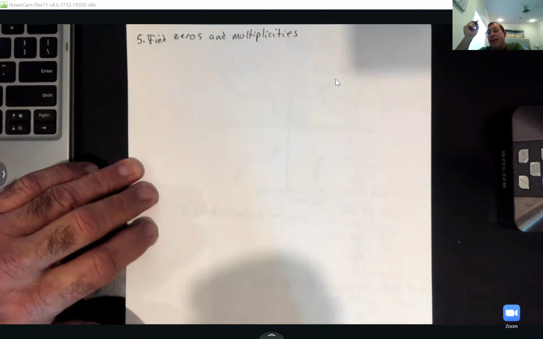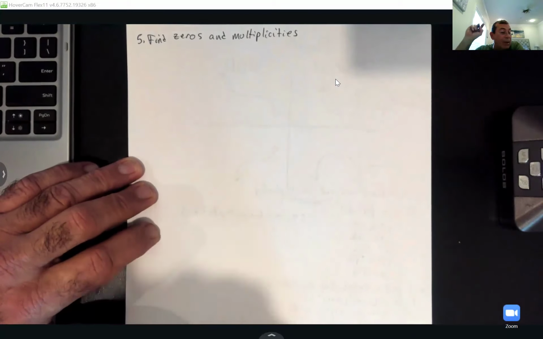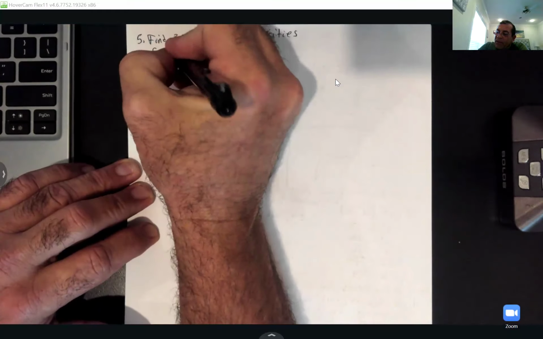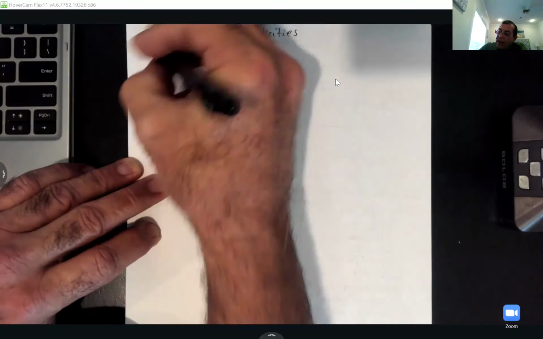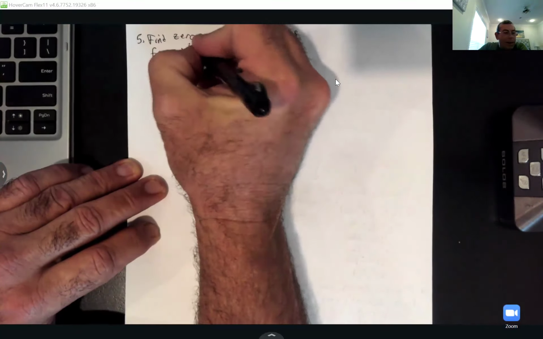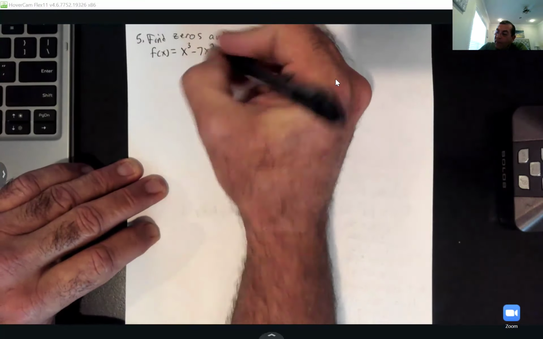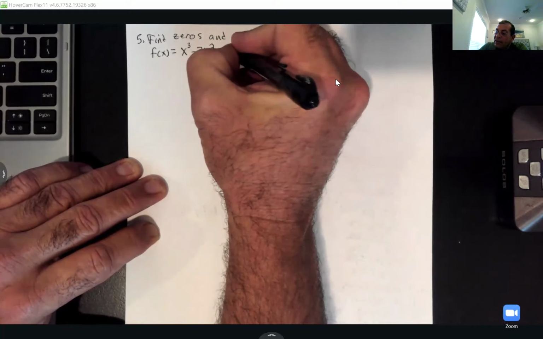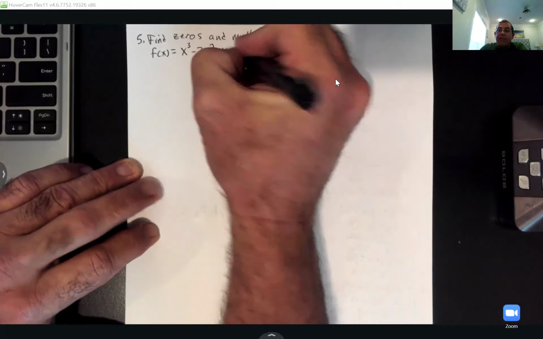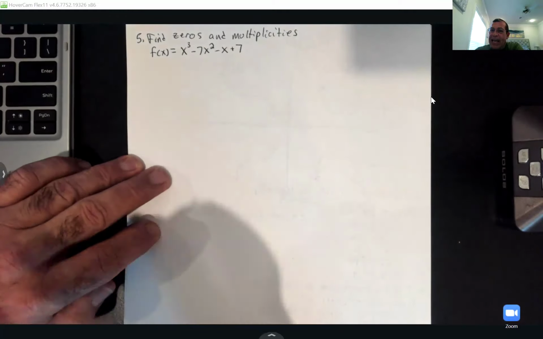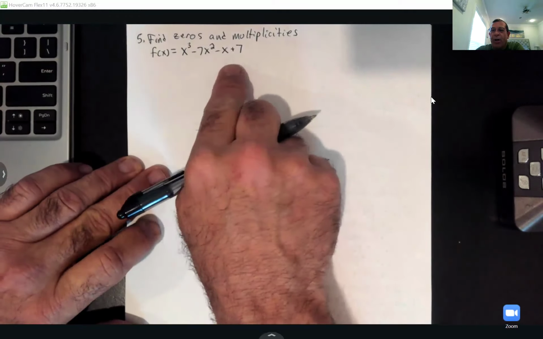But if you noticed, everything we've been doing so far has been factored. But look at this one. They're giving us f of x equals x to the third minus 7x squared minus x plus 7. So we physically had to factor this 4-term polynomial.